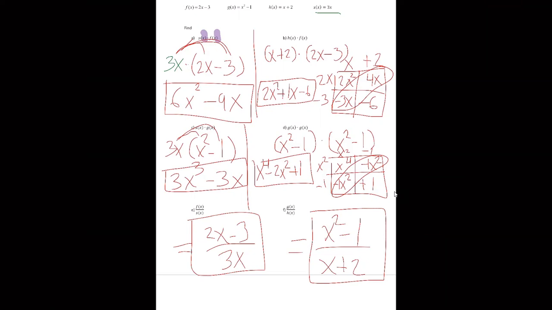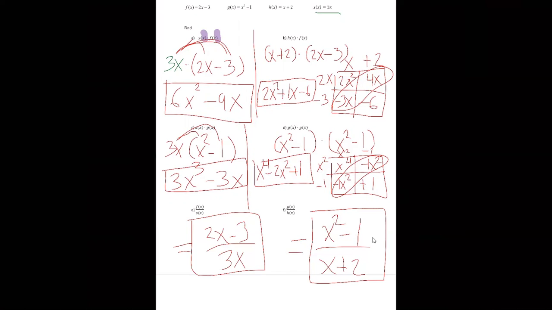So for the purpose of this class, we're just going to put them on top of each other. For these two questions, there's really nothing else you could do. But sometimes you might be able to factor or do certain things, and if you are doing that, I'm sure your future teachers will show you. But most of the time, you really can't do much.